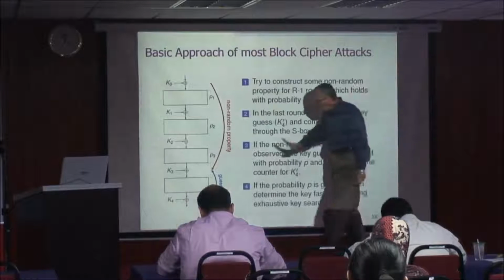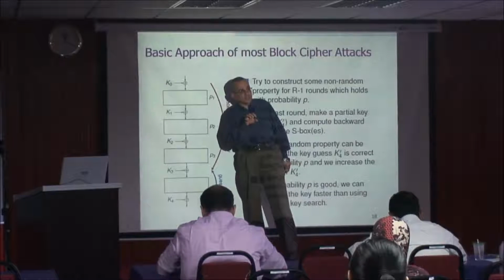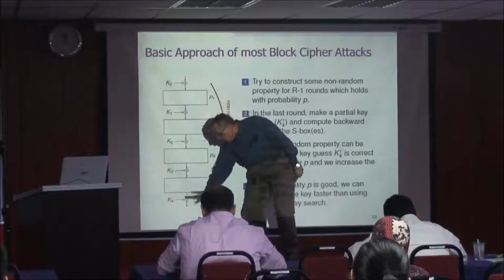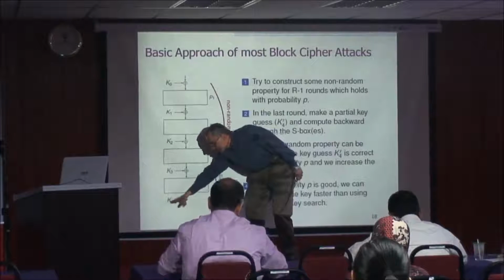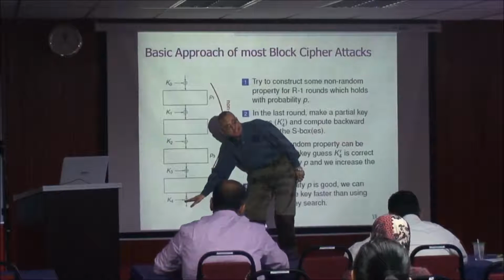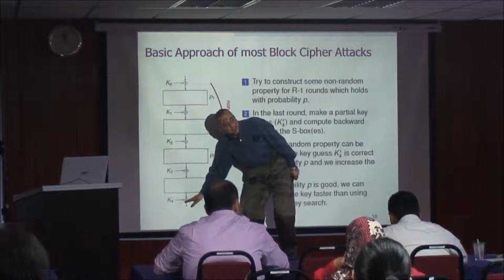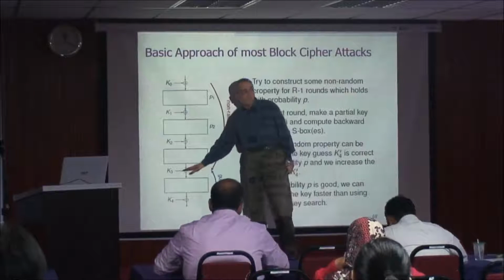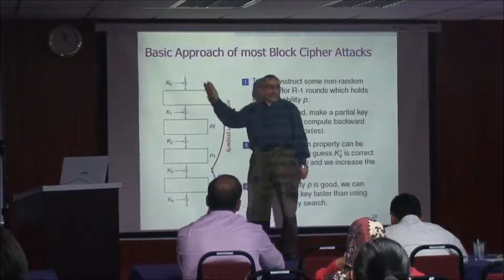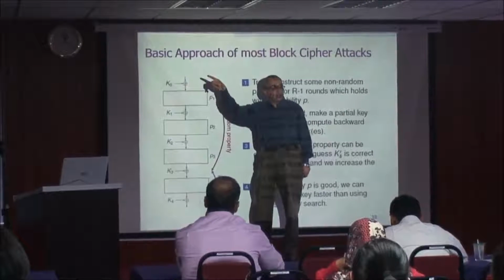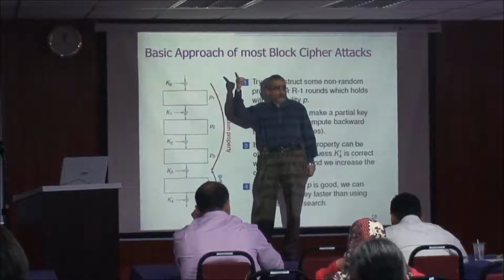But if I'm able to guess each one of them and confirm whether my guess is correct or not, one step at a time, then I'm going to recover K4 in 2 to the power 10. I will know the right value of K4 after I'm done. Then I'm going to recover K3 using 2 to the power 10 operations. So my overall complexity now is 5 times 2 to the power 10 instead of 2 to the power 50. Are you getting it?